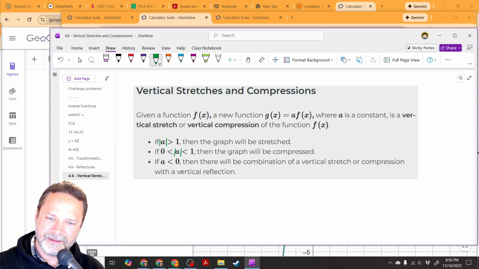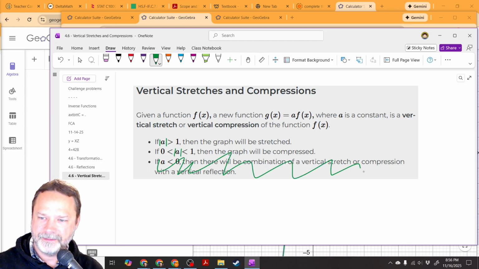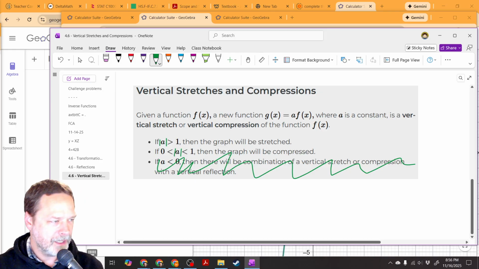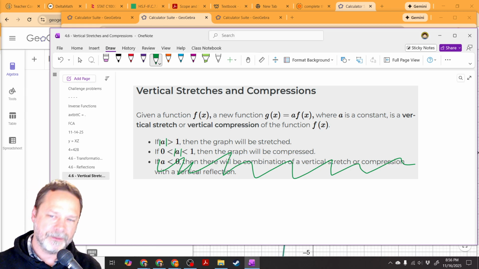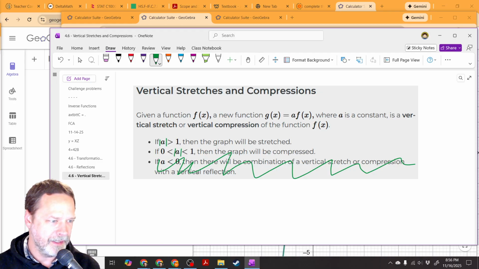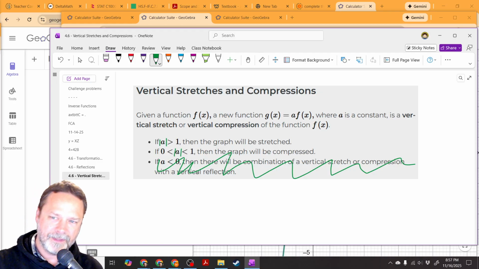And then if a is less than 0, it says to combine a vertical stretch or compression with a vertical reflection. Since I'm using absolute values here, we can ignore this. We talked about reflections already. If a is negative, that's a negative in front of f of x, that's a reflection over the line y equals 0, a reflection over the x-axis.